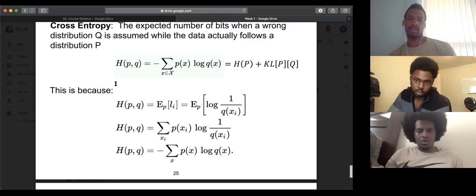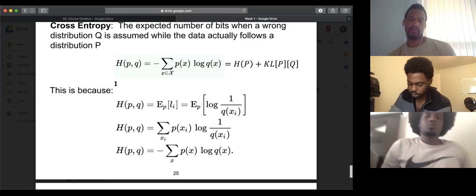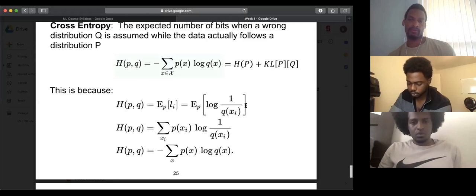How does that give you log of 1 over Qi? They derive it in one of the readings, because basically the optimal length of information used to send is related to the probability of something happening. So I think that's your Q of X.